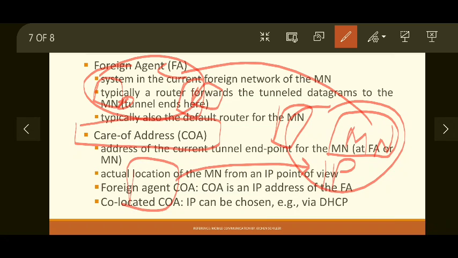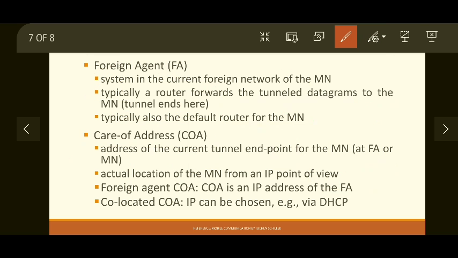Its IP address is maintained, but at the receiver end there will be a care of address involved which will transfer these packets to the new location. So the care of address is not known to the sender, that is to be remembered. Care of address is a term of mobile IP, so the sender should not worry about it. Okay, so that is the conclusion.